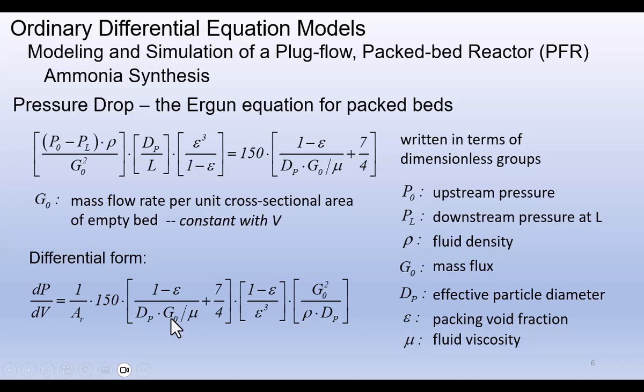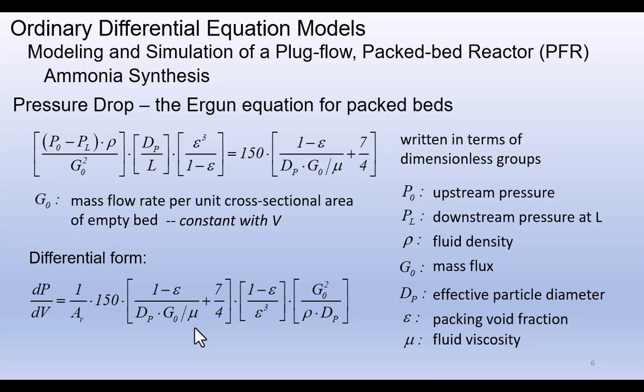And many of the other parameters are constant, as you can see. All right, one thing that isn't constant is the density of the gas flowing through. So we have to deal with that. And possibly the viscosity of the gas as it changes in temperature and pressure.